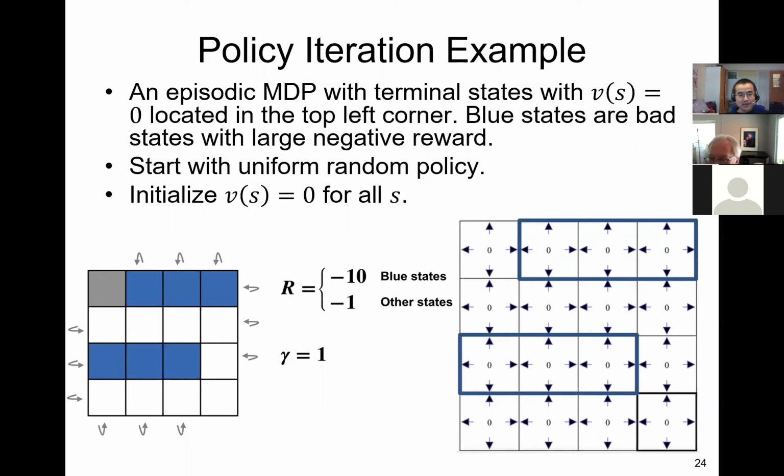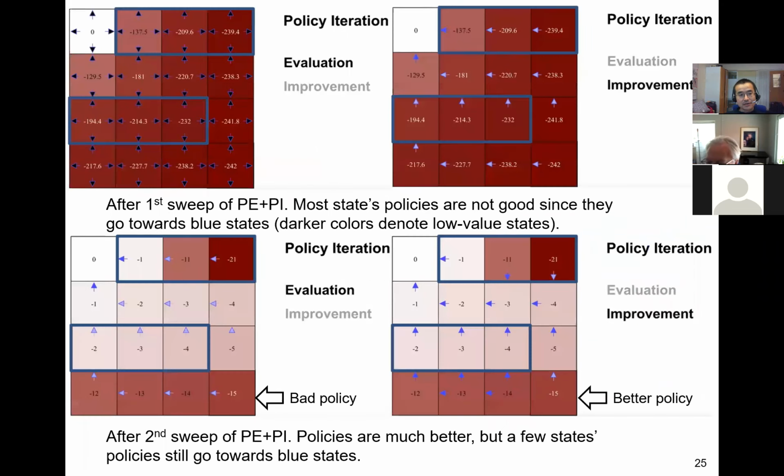To make this example more interesting, they added a few obstacles, the blue blocks, not obstacles, traps. If you go into one, you can, but you get a -10 reward. So with the initial uniform random policy, you get very bad rewards in every state, except those in the upper left.